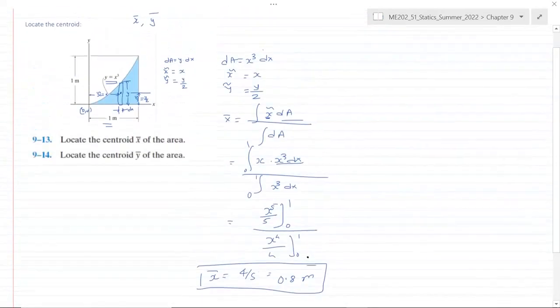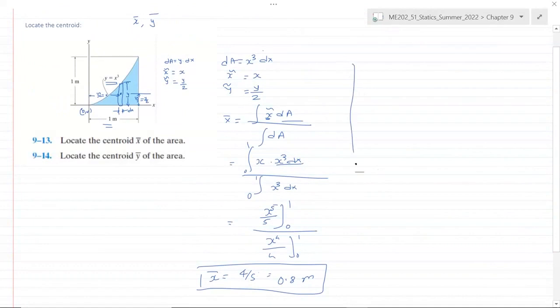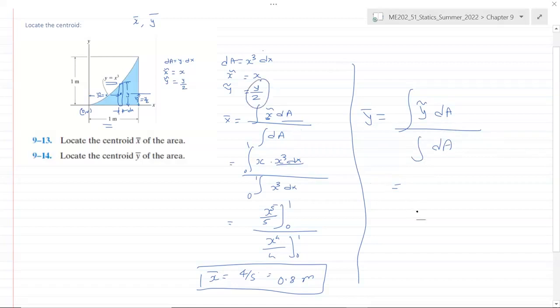And then we do the same thing for the y centroid. So for y bar, it's integral, this time it's y tilde dA over integral dA. Now y tilde is y by 2, and dA is x cube dx, over integral x cube dx, and the limits of integration are 0 to 1.